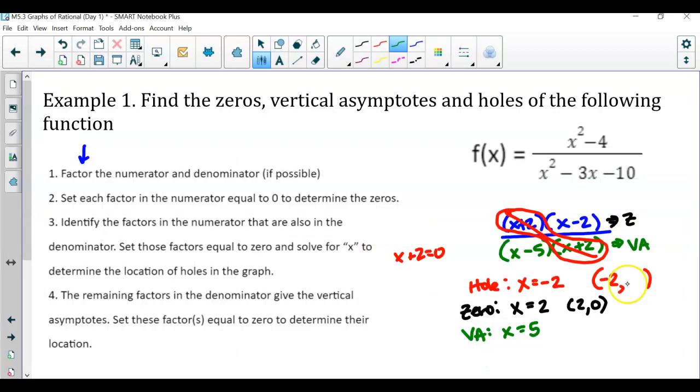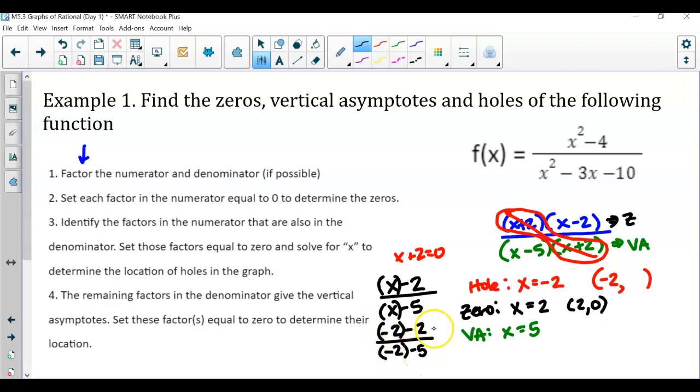So now how do we get the y coordinate? Well, we actually are going to take the x and plug it back into what was left over after we canceled out and simplified. So if we simplified and had x minus 2 over x minus 5, we're now going to plug in for x, -2. -2 minus 2 and -2 minus 5.